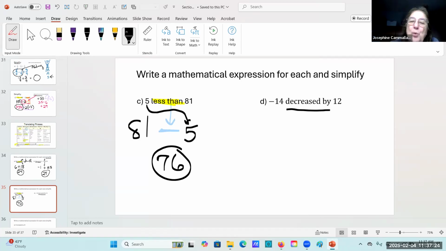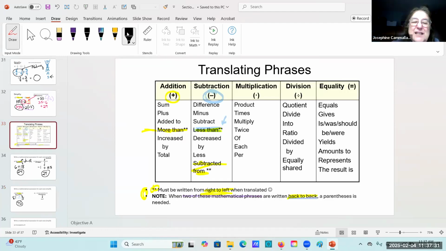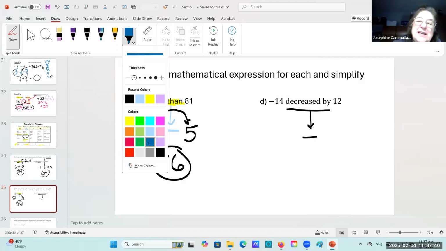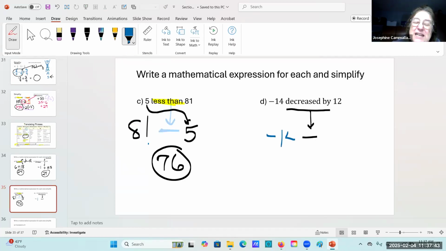Okay. Decreased by. Well, this means negative. But if you look at the sheet, notice, see decreased by? There is no asterisks next to it. So that means in front of there, I'm going to write negative 14 minus, now this is a positive 12 or negative 14.